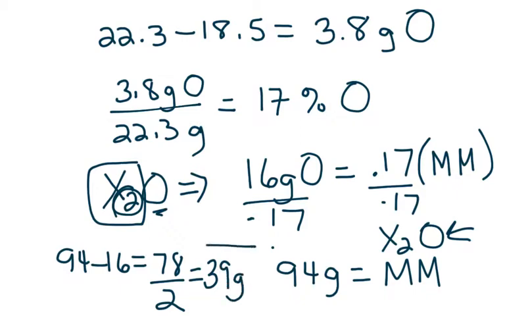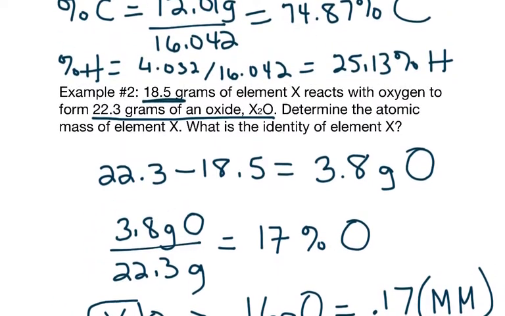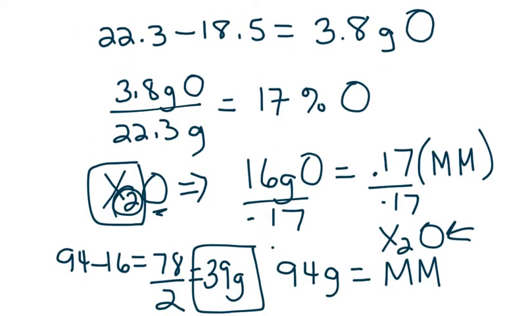So the question is, looking on the periodic table, and to give you a little bit of a hint here, you also need to think about bonding principles. We have X2O. You know that oxygen has a 2- charge. So logically, which column are we looking in here for element X?